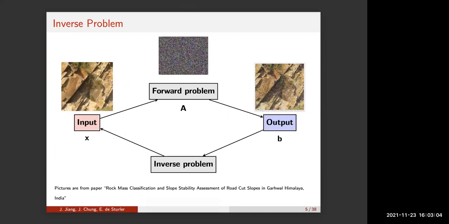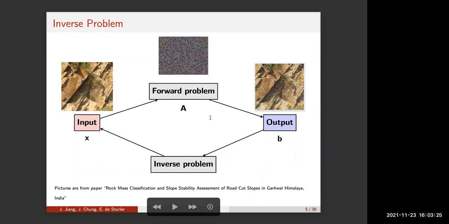So let's see what the inverse problem is at first. Here we have this rock picture. This is a very nice picture. If we run some operator and add some noise to the picture, we get this noisy picture.